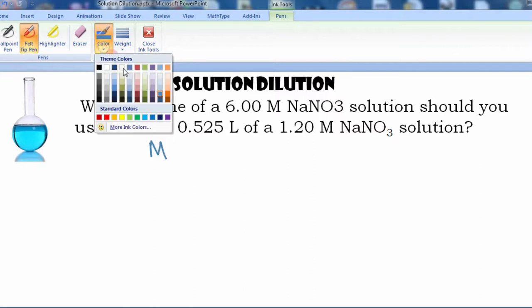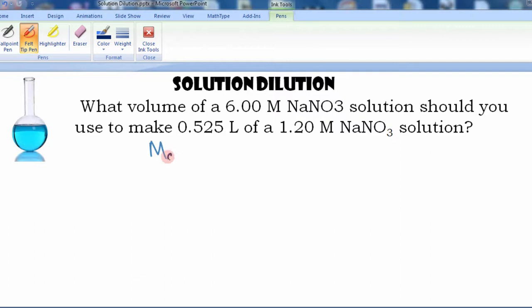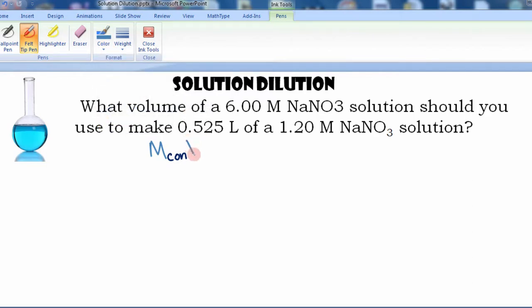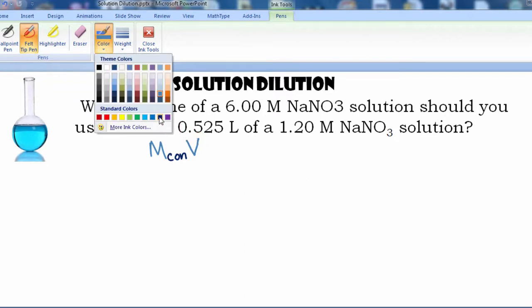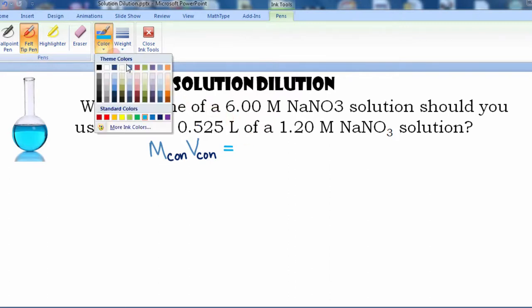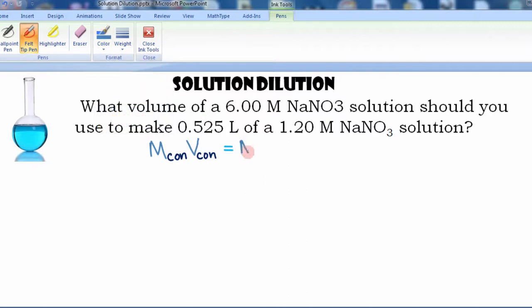The molarity of the concentrate times the volume of the concentrate equals the molarity of the dilute times the volume of the dilute.